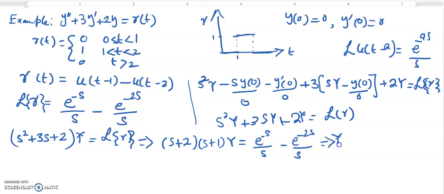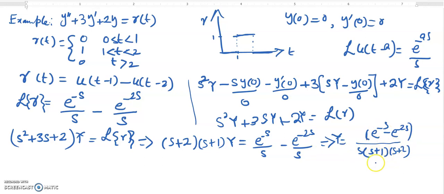So Y is equal to 1 over s into s plus 1 into s plus 2, and in the numerator we have e power minus s minus e power minus 2s.